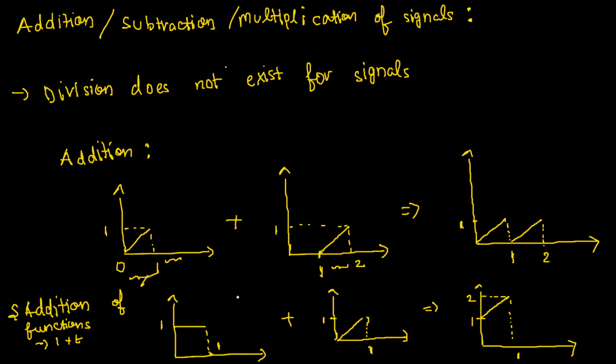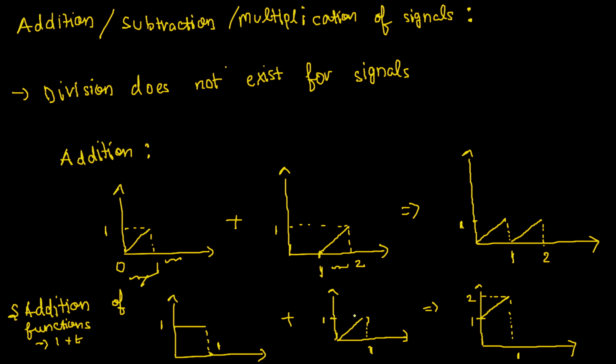Okay. Now let's take the slightly more complicated case where the first signal is also defined between 0 and 1, and the second signal is also defined between 0 and 1. In this case, what we do is we just learned how to represent a given function in terms of the mathematical expression.